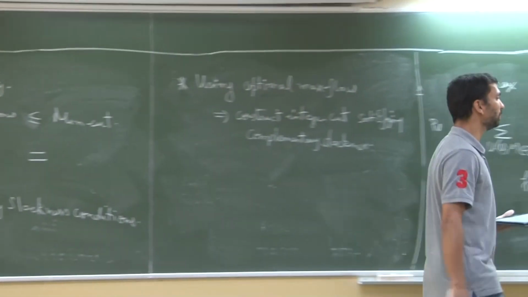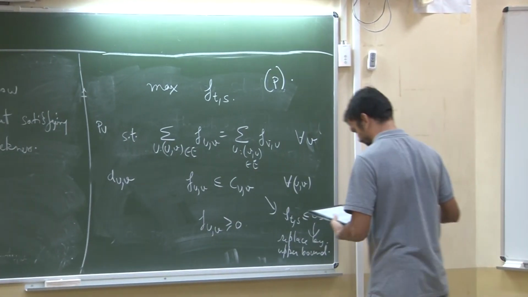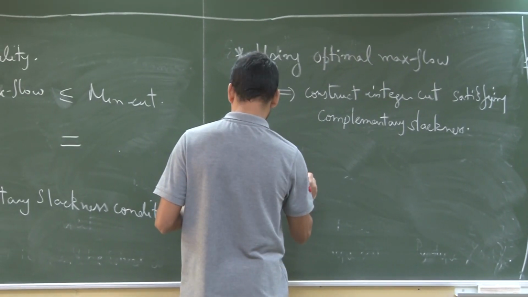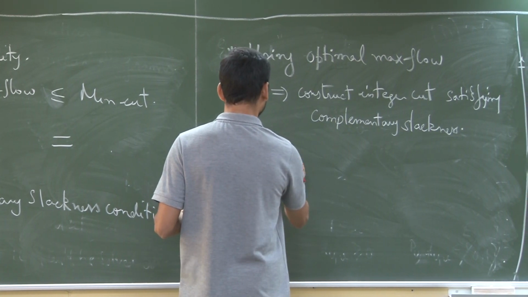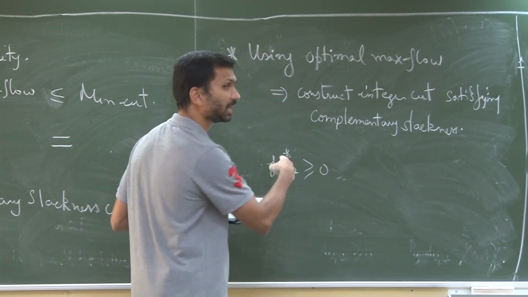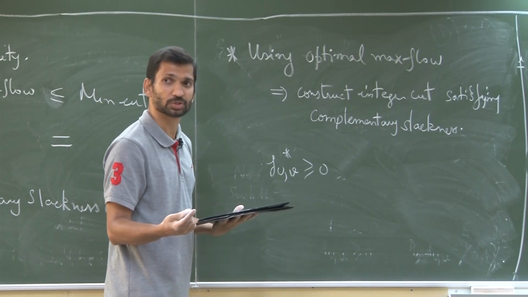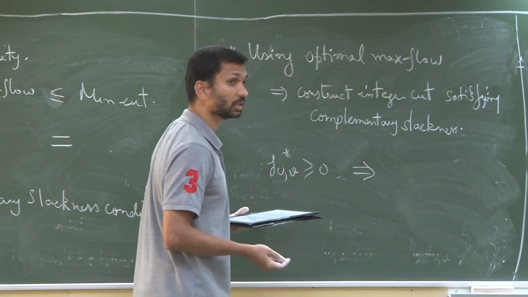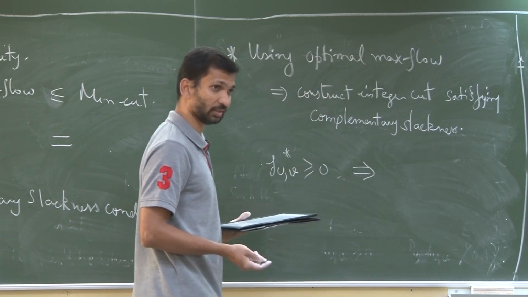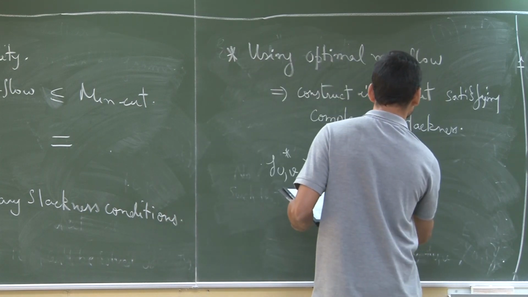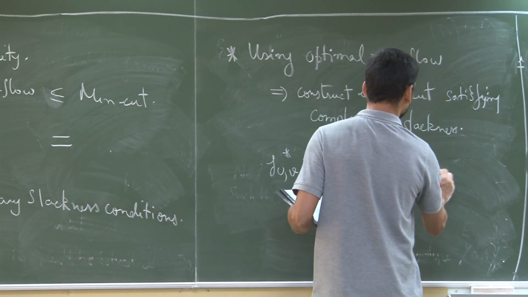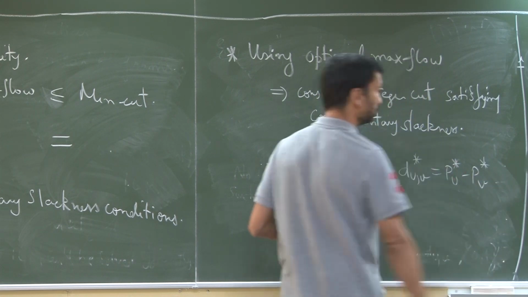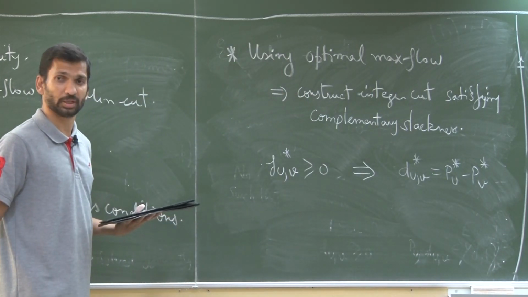Let's write down the complementary slackness condition. So again, by star I mean the optimal solution. Okay. So if this is 0, then the corresponding constraint should be tight. The corresponding constraint was correct.